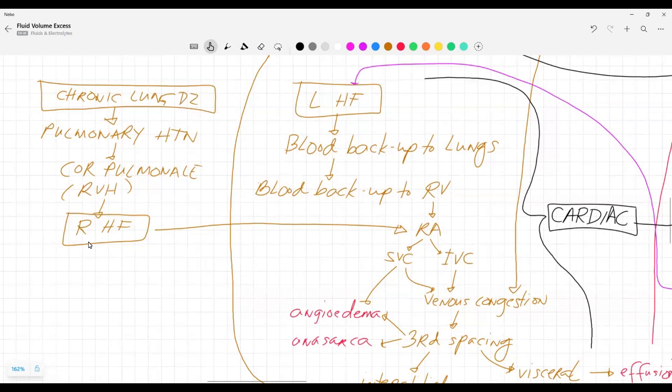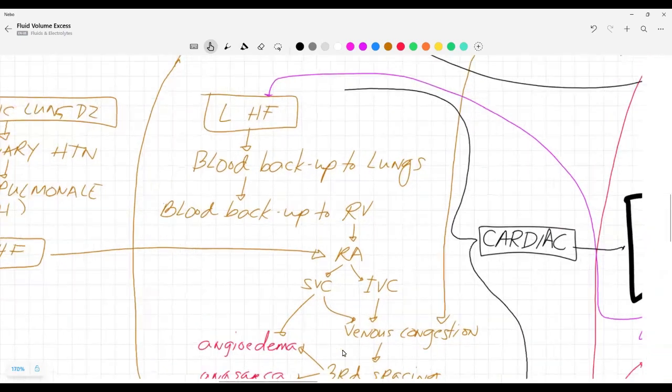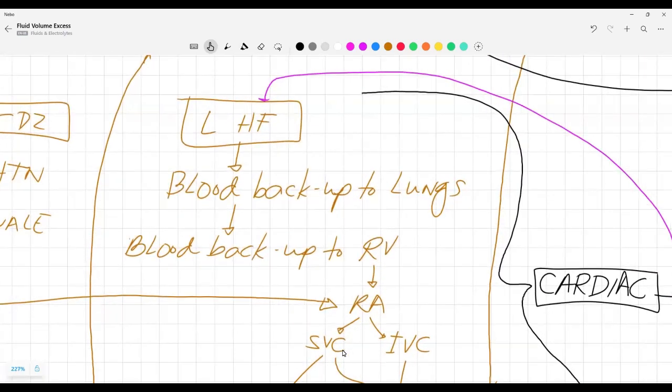So it's either that it begins from a chronic lung disease, a chronic lung condition that leads to weakness of the right side, or it could be from a left side heart failure. And there are many conditions that could lead to left side heart failure. That's something that is covered in a fourth semester. But let's just start with a patient having left side heart failure.